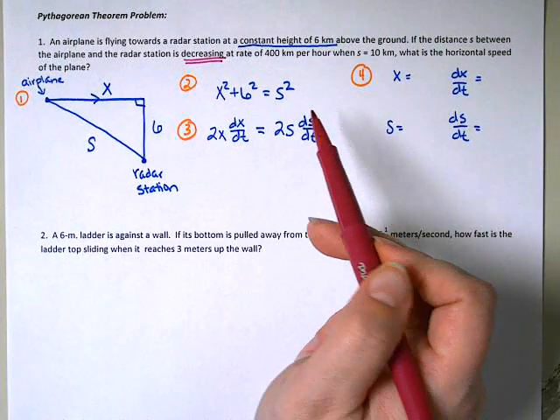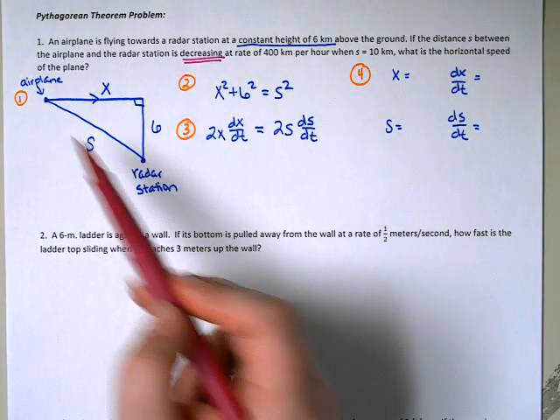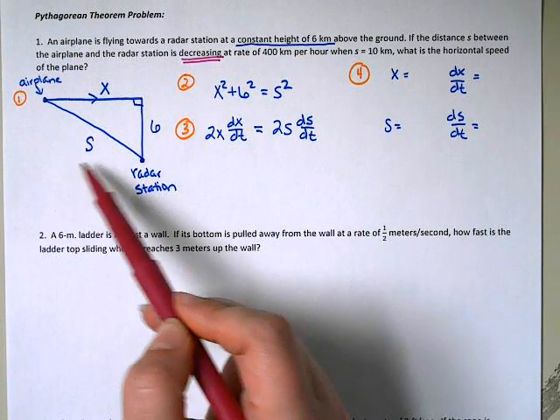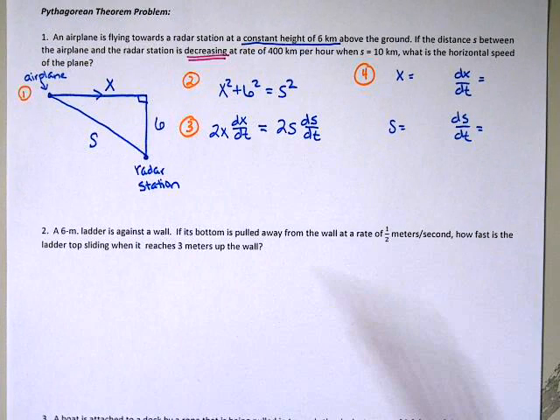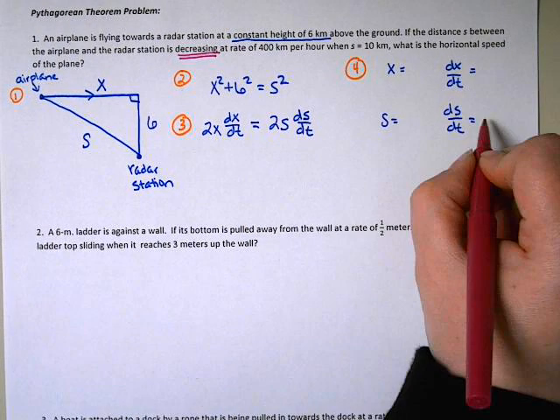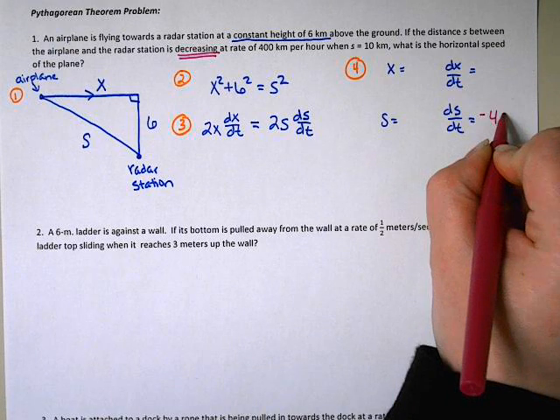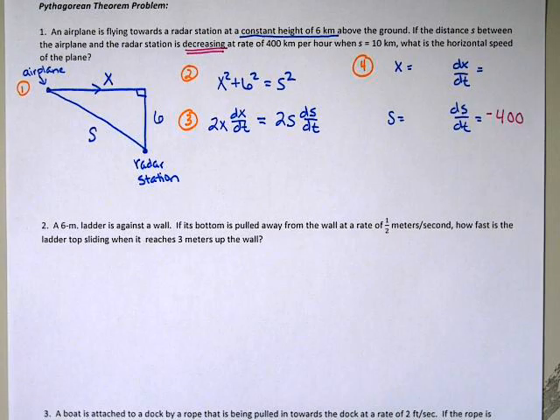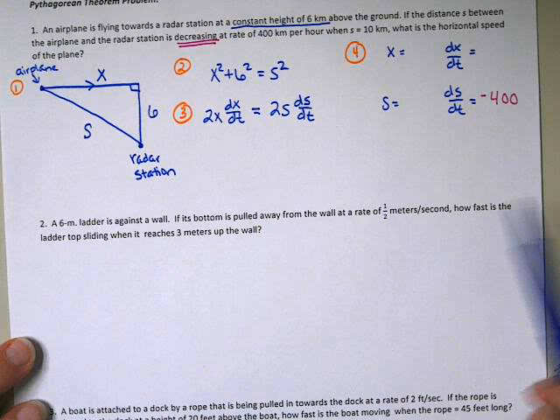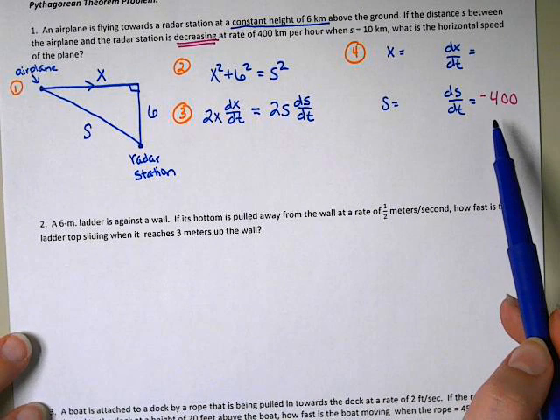And what's decreasing is the distance between the airplane and the radar station, which means since it's a rate, that's a derivative. And so that means then that ds/dt is negative 400 kilometers per hour. And it's negative because the distance is decreasing. So make sure you include that negative there.